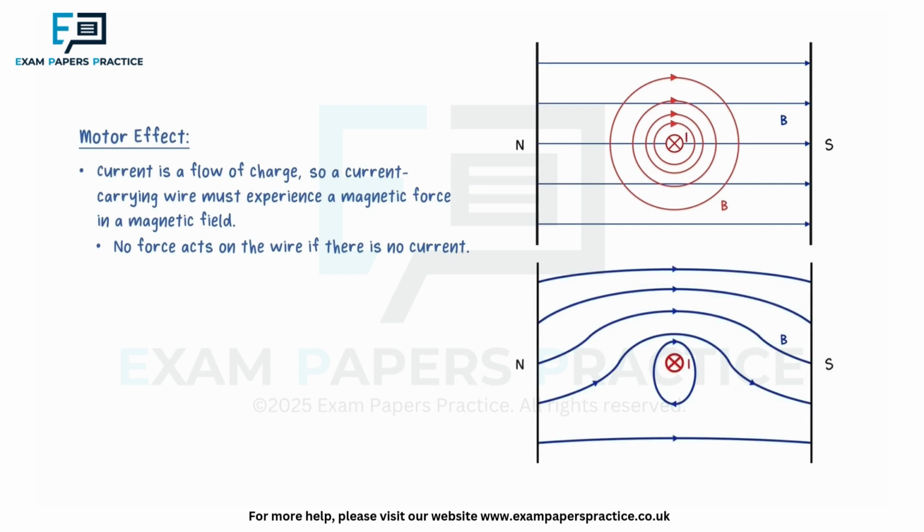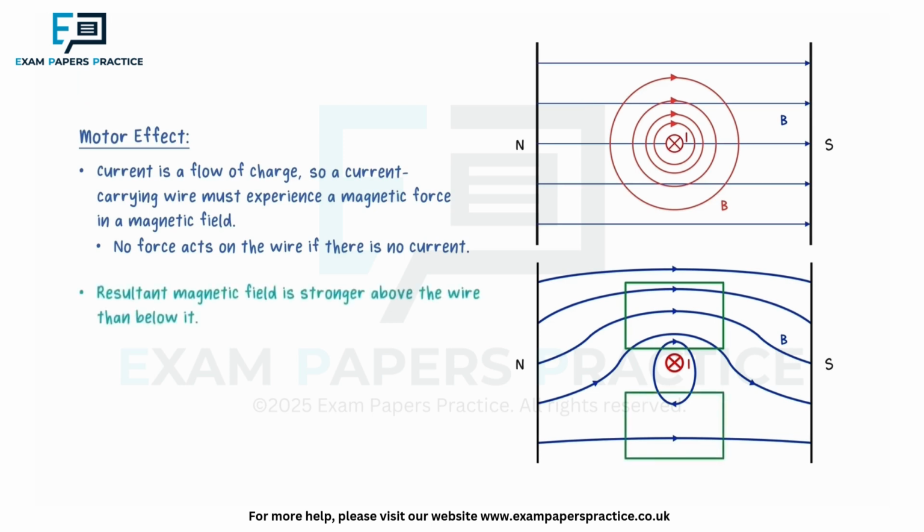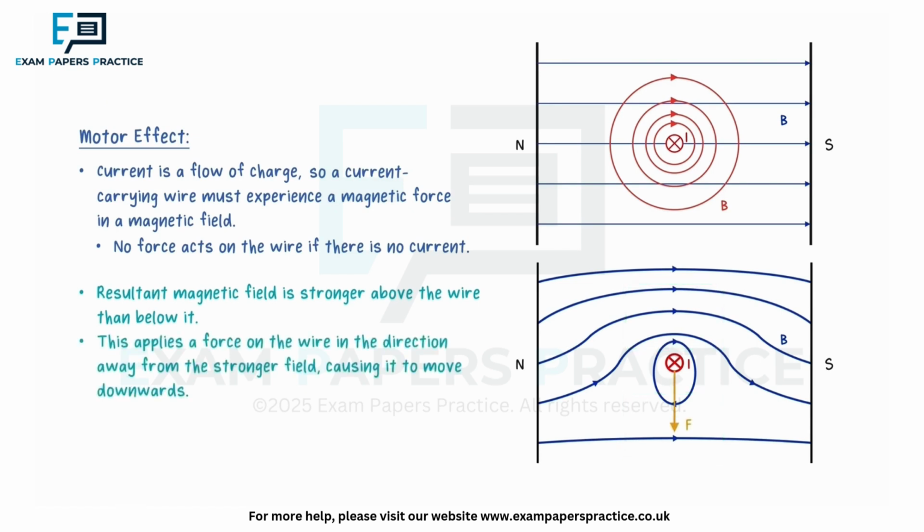The resultant field is strengthened above the wire, since the magnetic field of the wire points in the same direction as the external field. But below the wire, there is some cancellation of the fields due to them pointing in different directions. The imbalance in magnetic field lines will result in a force on the wire in the direction away from the stronger field. So in this case, the wire will move vertically downward.